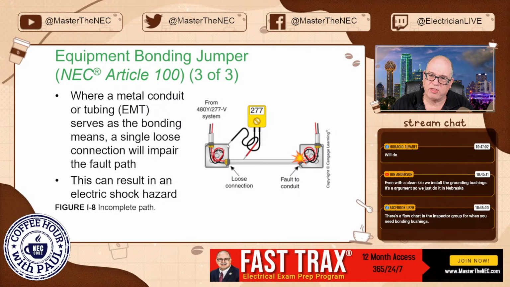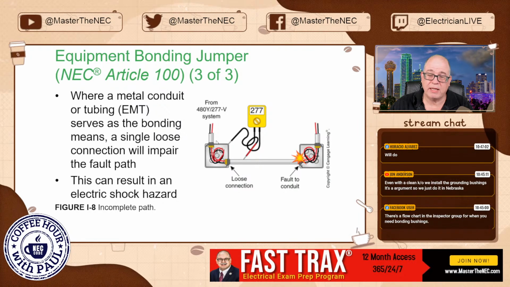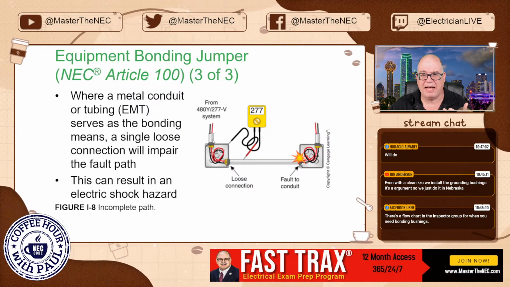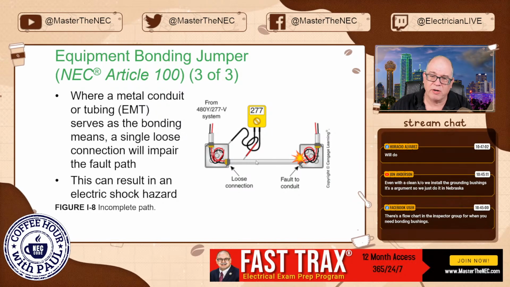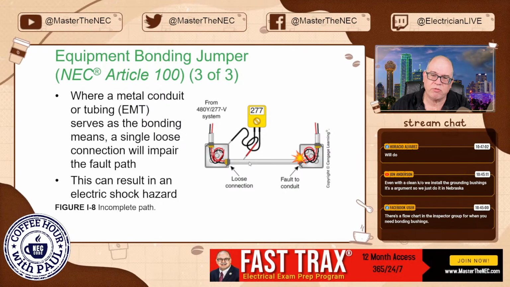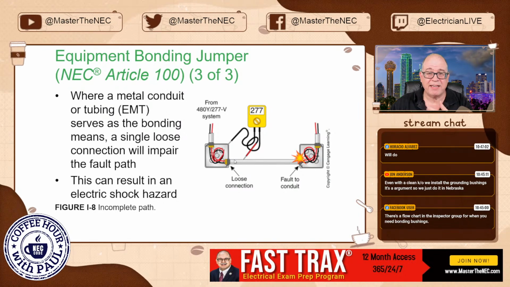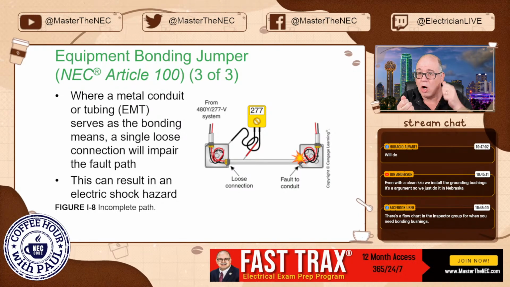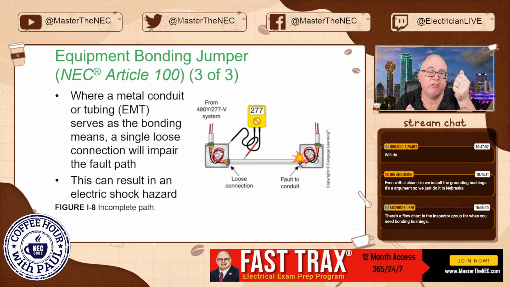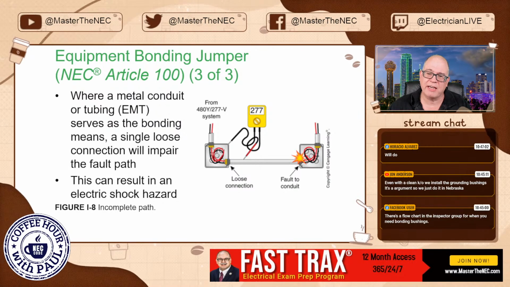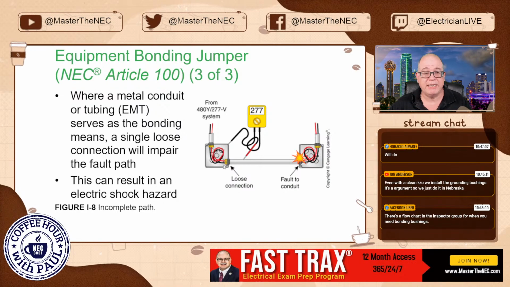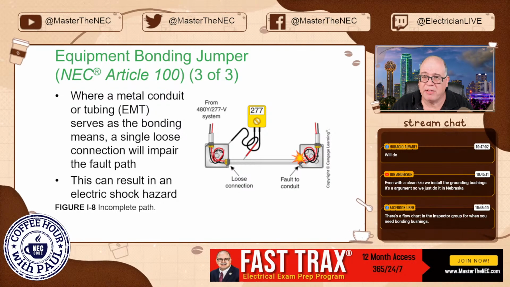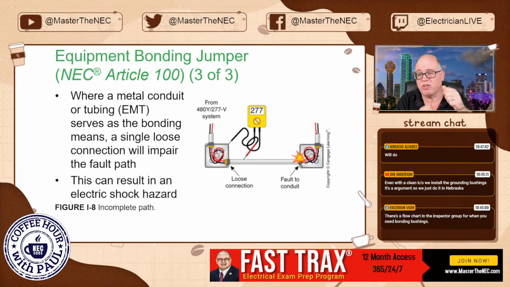And since this box is part of the effective ground fault current path, and now the armor, or in this case the metal raceway, is carrying current, you're basically going from a live conductor, and that is the conduit, over to the grounded component, which is the box, and across that loose connection, guess what? You're going to read current, and you're going to read the voltage value. And the problem is that becomes a shock hazard, touch potential.